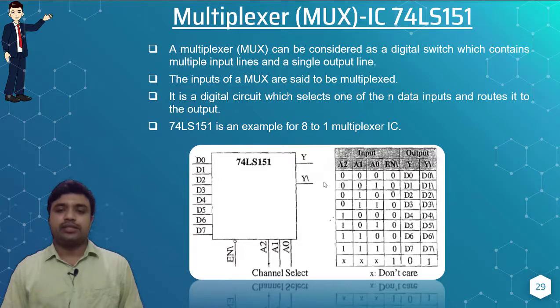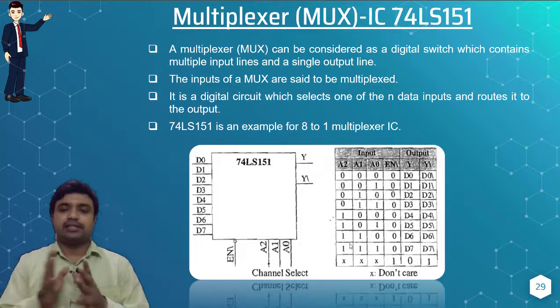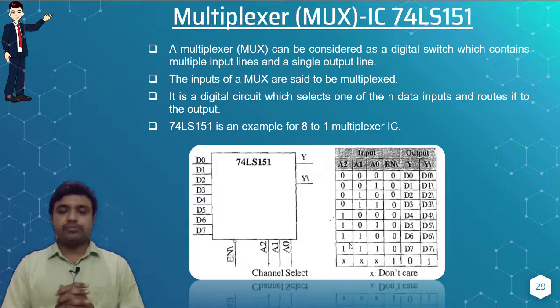This is the functional truth table for the multiplexer operation. Only for the don't care condition, that is the channel select operation, you do not have any valid output for your multiplexer operation.